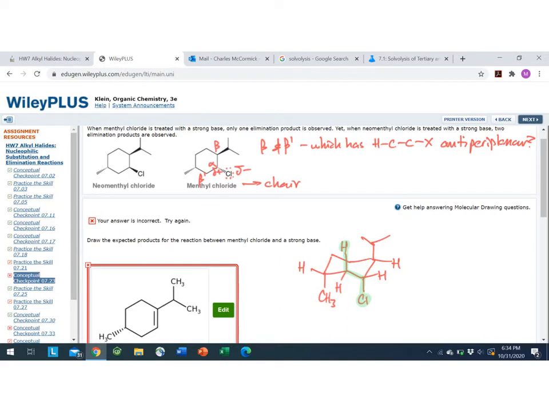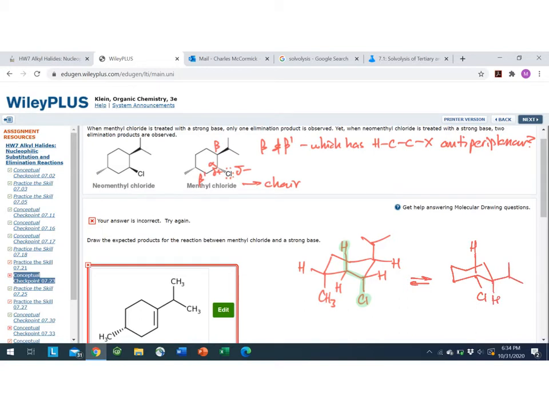That's what you need. But you're not done yet, in the sense that you do have to do a chair flip to see if the other beta carbon places the H-C-C-Cl in the same required orientation. In this case, it won't, because that chlorine is axial, and when you flip it, it's going to go equatorial, and it will not achieve the required anti-periplanar conformation.